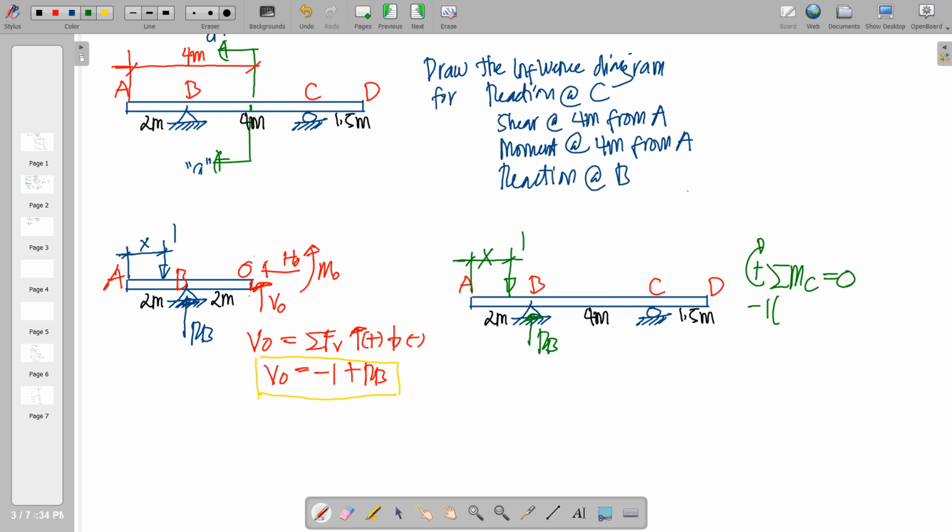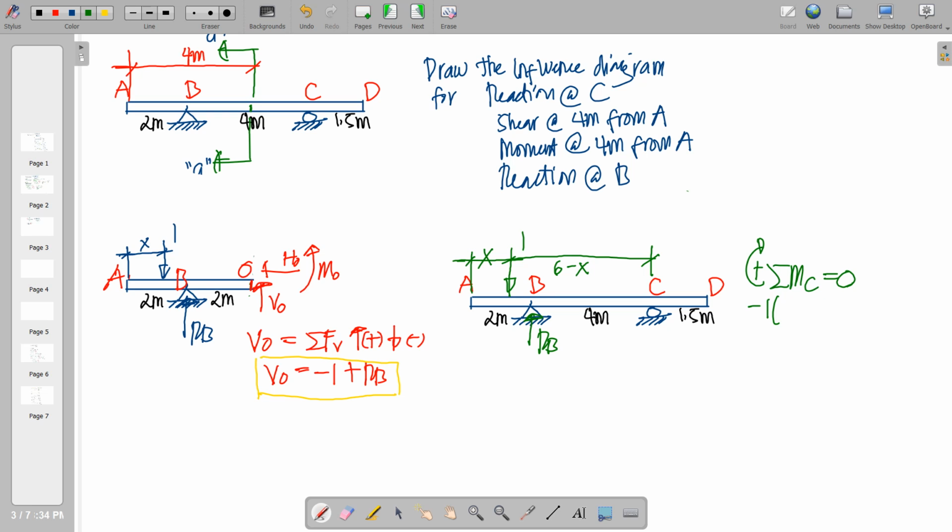And what will be the distance of 1 from C? I think we have here 6 minus x. So all in all, we have 6 minus x.